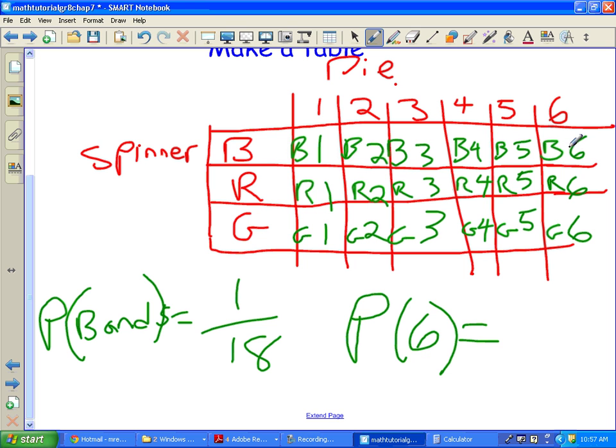Well, there's 1, 2, 3 of them that could have come up 6s. One of them's blue, one of them's red, one of them's green. So the chances of getting a 6 would be 3 out of 18. Which, funny enough, works out to 1 out of 6, which is the same as the die.